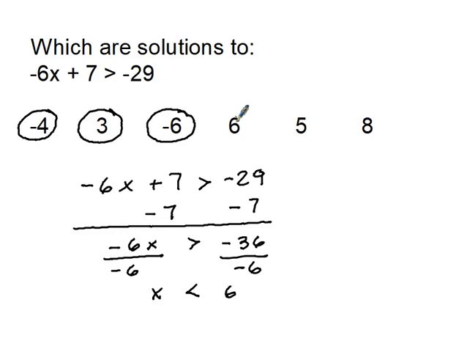Is 6 less than 6? No, 6 is equal to 6. So this is not a solution to this inequality. 5, that of course is less than 6. And 8 is not less than 6. 8 is greater than 6. So the correct answer to this is negative 4, negative 3, negative 6, and 5.